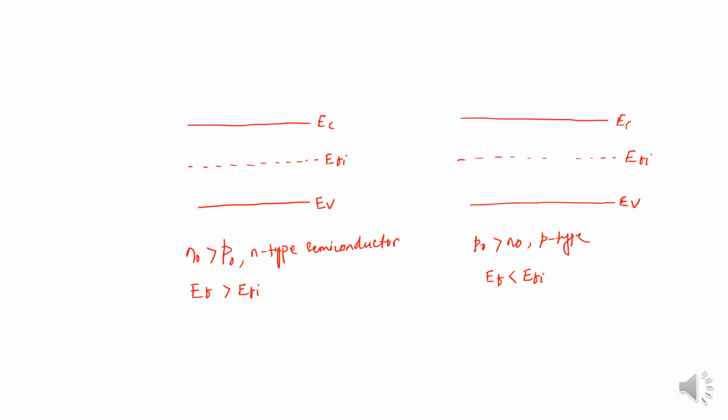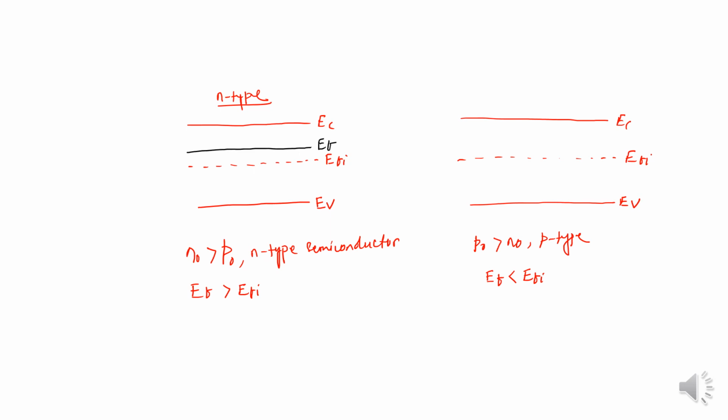Now when we dope it, if it is N-type and you have added pentavalent impurity and you got the donor electron, then the Fermi energy level will be shifted upward, and this will be the position of the Fermi energy level in N-type semiconductor.